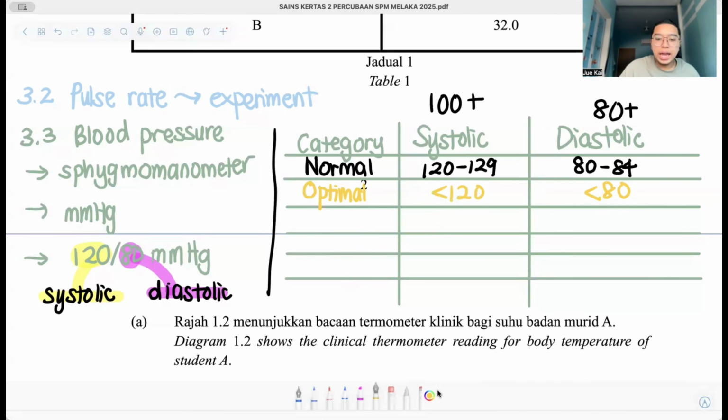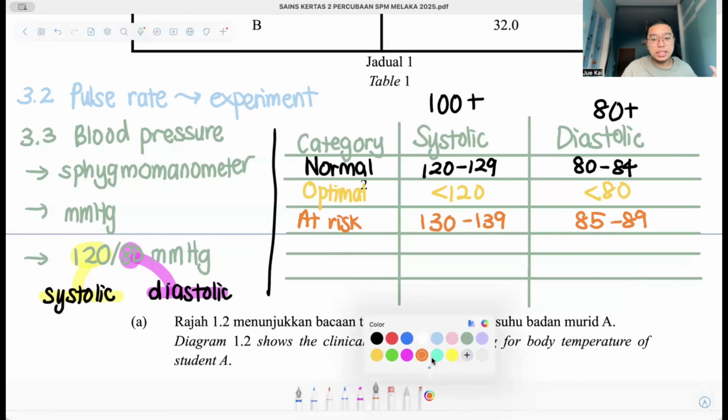Okay. So at risk, we use orange color. When at risk, it will be 130 to 139. Okay, I go faster. This one will be 85 to 89.